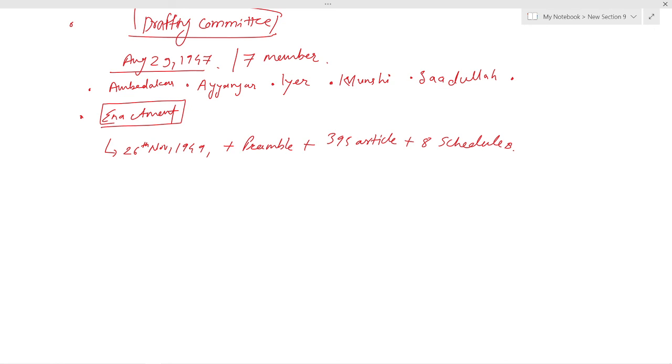This day is referred to in the Constitution as the date of its commencement and is celebrated as Republic Day.